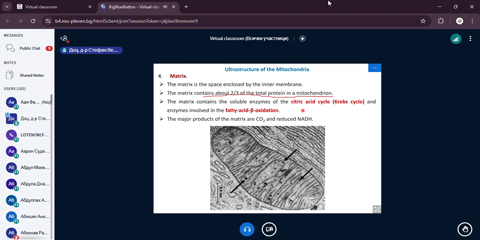These proteins are mostly enzymes which act in two very important biochemical pathways. One is the citric acid cycle, or the cycle of Krebs, and the other is the fatty acid beta oxidation. These are the two most important biochemical pathways which happen in the matrix.